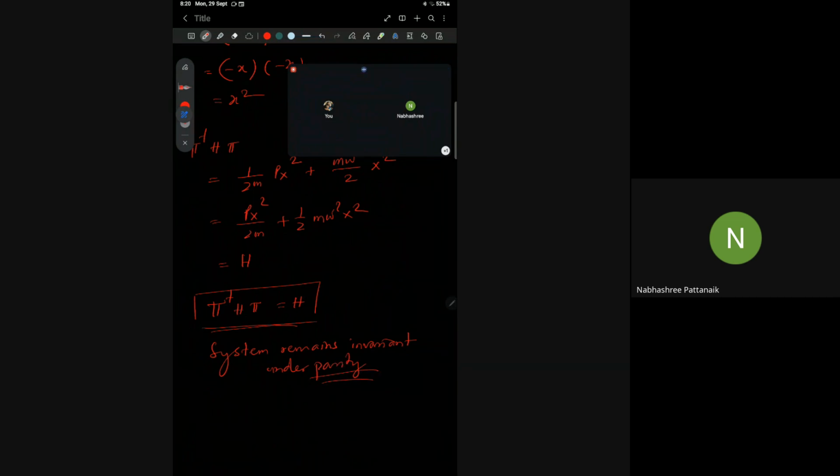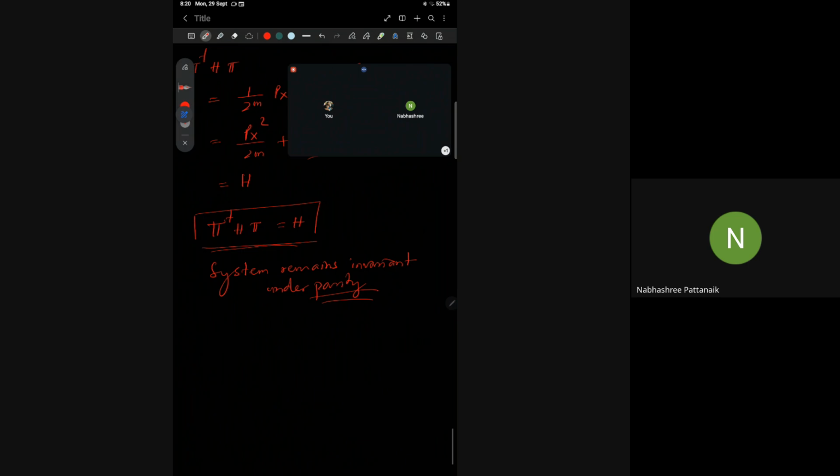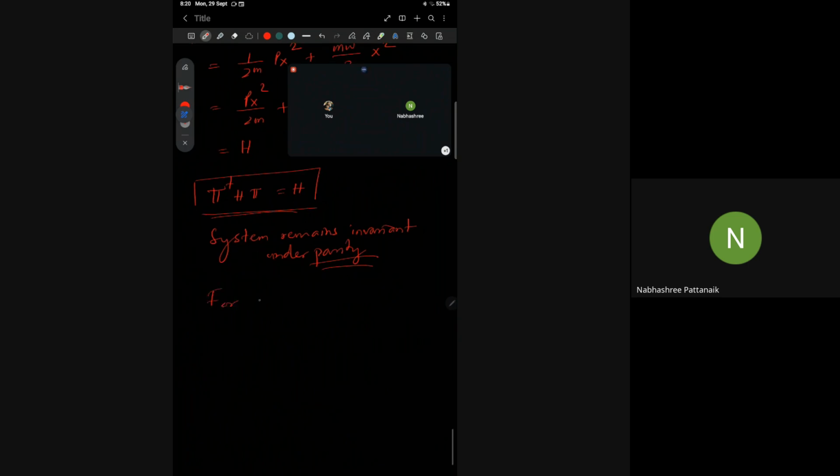Now, if you take any other system, then this kinetic energy will be the same, but the potential energy will change, right? For any other system, we have potential energy V(x), right?